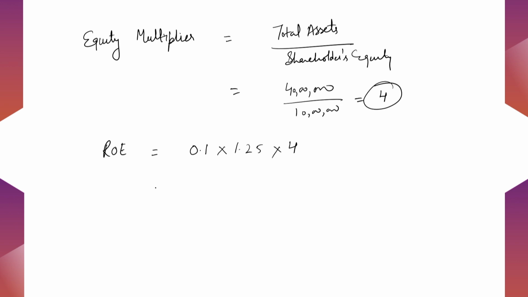So the total comes to 0.5, multiplied by 100, and we reach the figure of 50%. So our final ROE using the DuPont model is 50%.